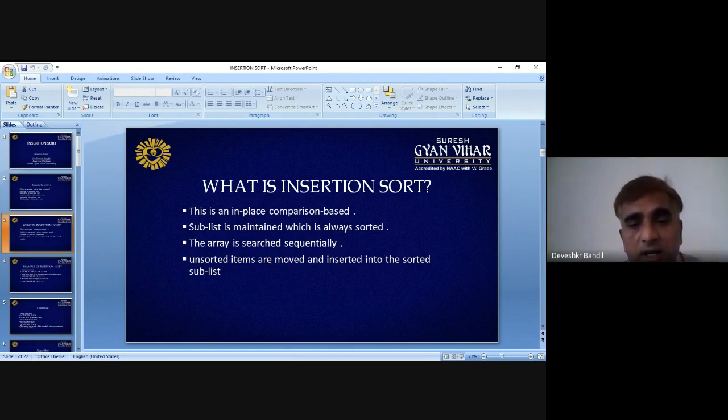This is the limitation of insertion sort, as its average and worst case complexity are high.